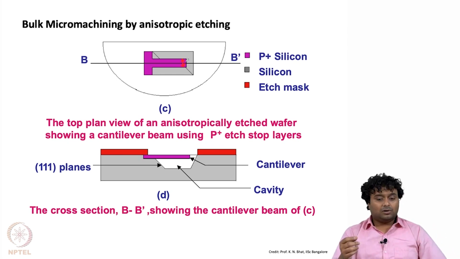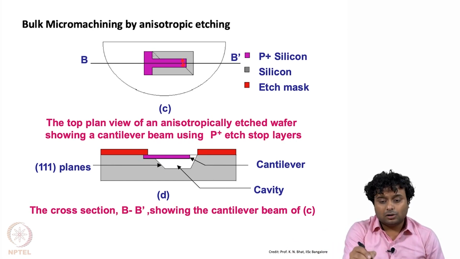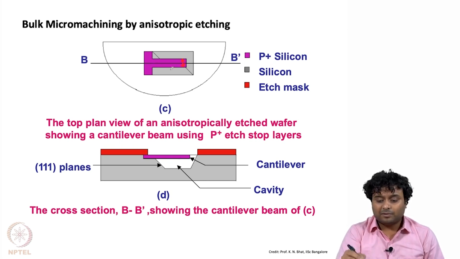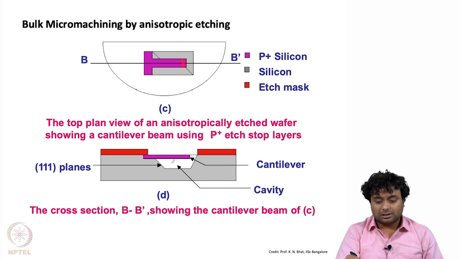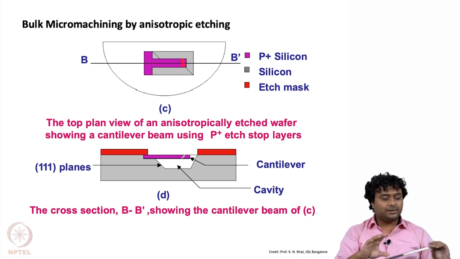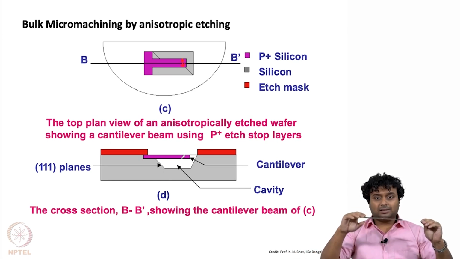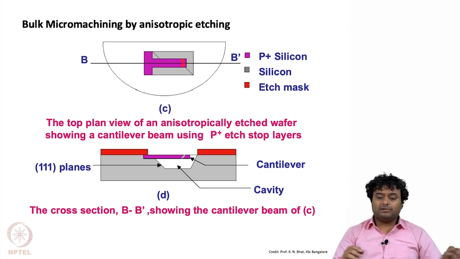So ultimately, let us say these other regions are also boron doped, so they will also not get etched, but from the bottom of the cantilever the material will get etched. So now this will be like a free cantilever. It can easily bend because it has an empty space below it, and this kind of device we can use for different kinds of sensors.